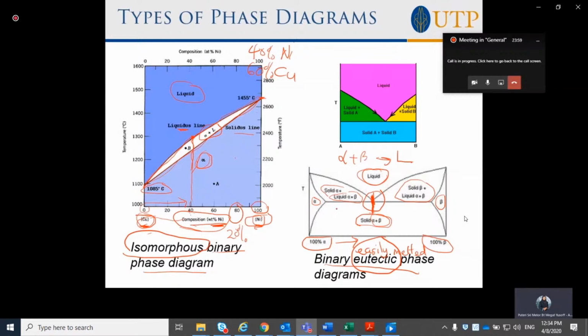If you are in this region, you are alpha and beta, and then in this region you have a mixture between alpha, beta, and liquid before it changes to liquid. Here also you have a mixture of solid beta and liquid alpha and beta.